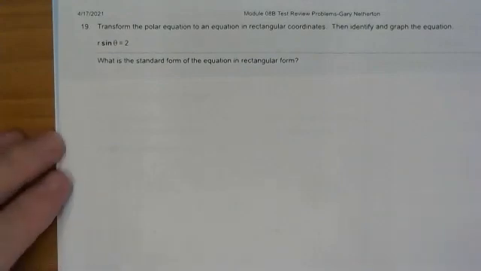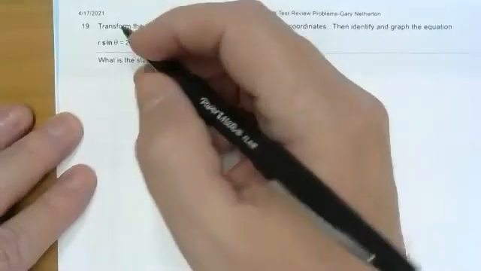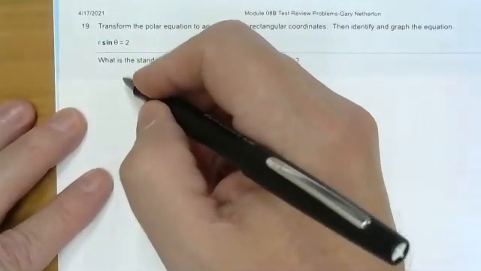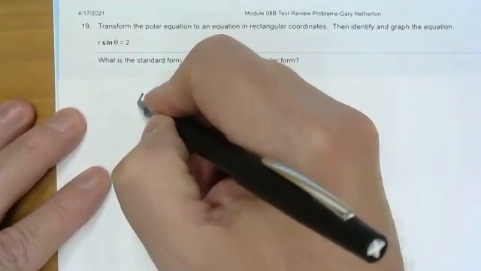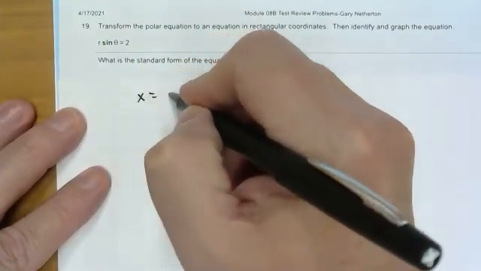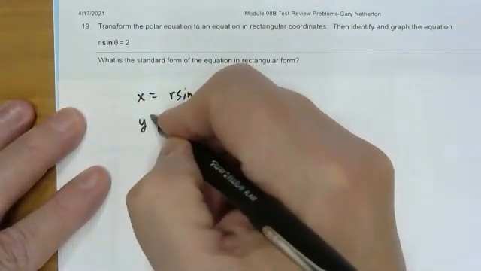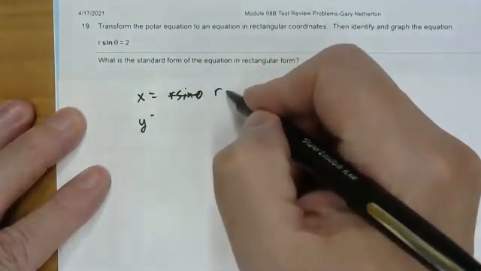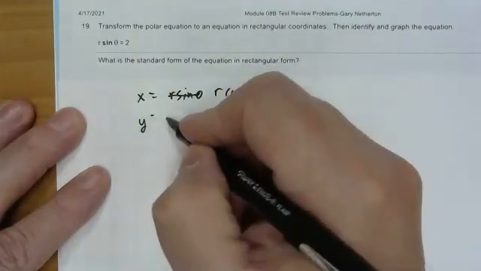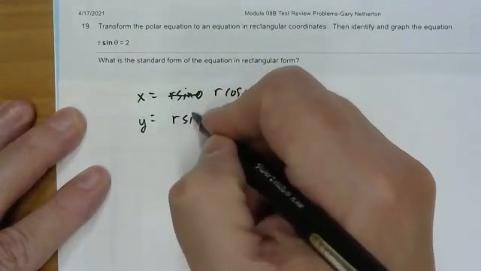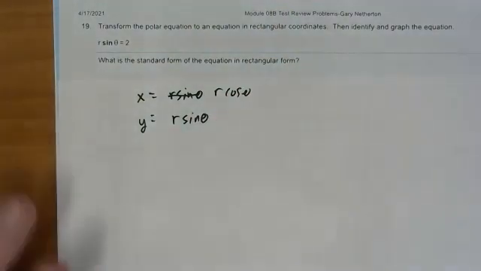If you remember, when we were going back and forth between polar and rectangular coordinates, x was r cosine theta and y was r sine theta.